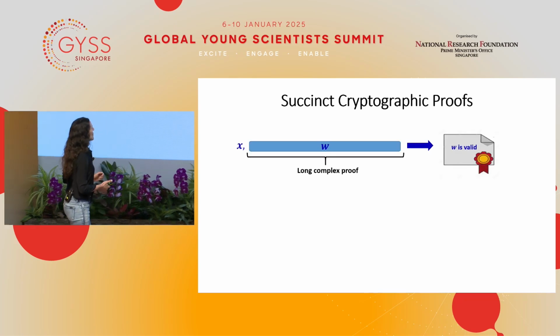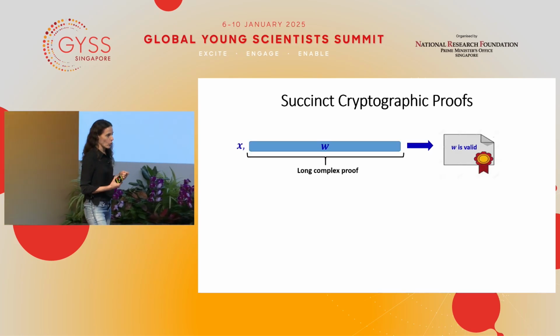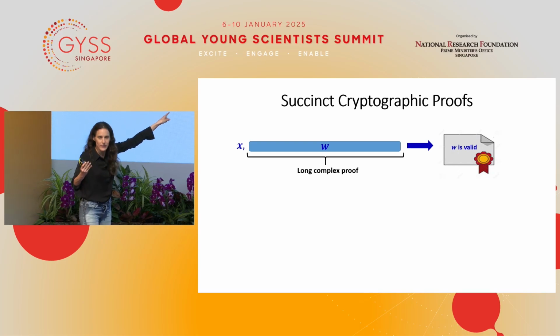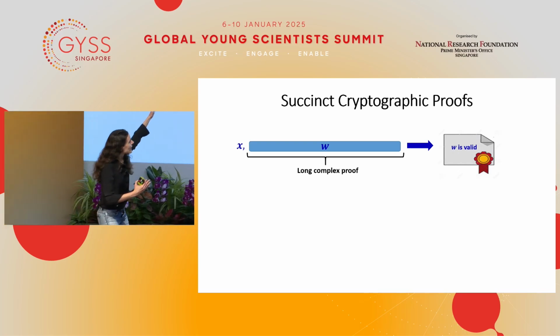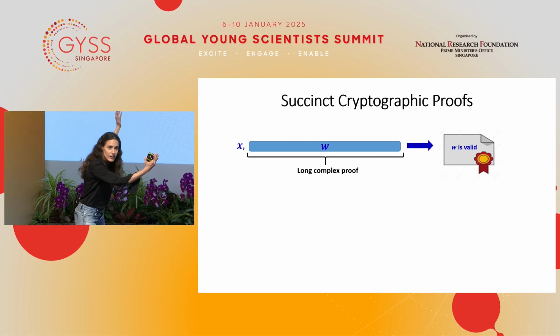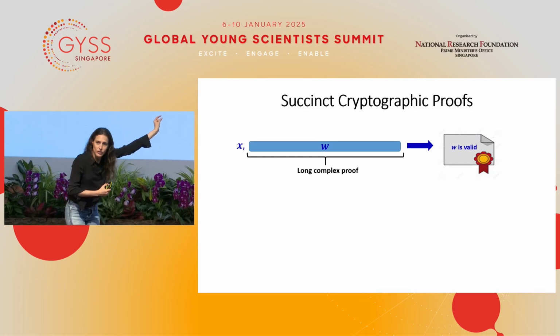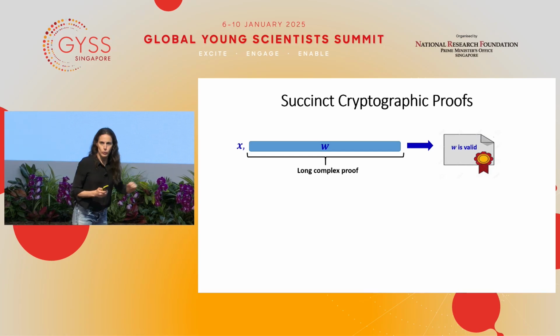Let me tell you how this is done and what our goal is. We want to take a long and complicated proof, let's say W for witness, for some statement X, and convert this gigantic, long, hard-to-verify proof into a succinct certificate that certifies the validity of the long proof.